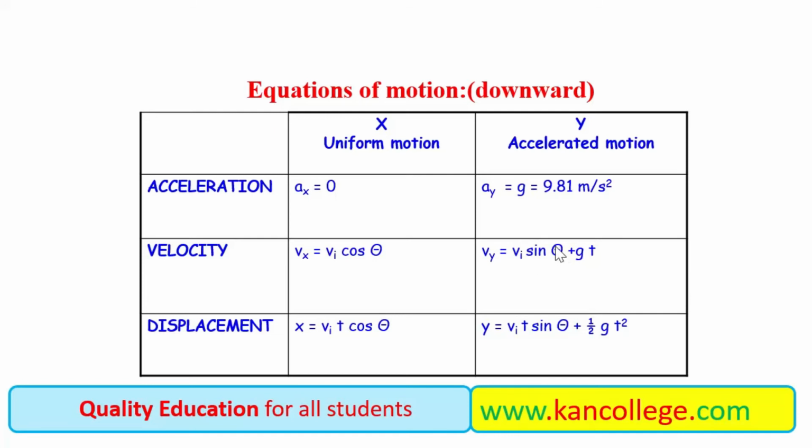So the initial velocity during the downward motion becomes 0. We know that when the body starts falling down, initially it was stopped at the highest point, and then it starts moving down. So over here, the initial velocity will be equal to 0. And the vertical component will be equal to gt.